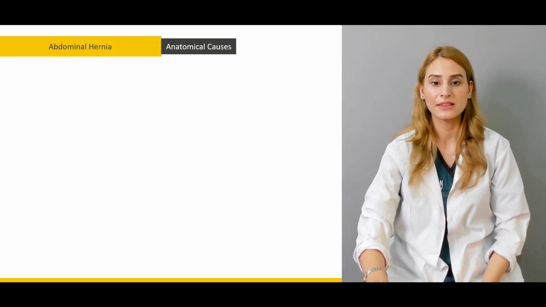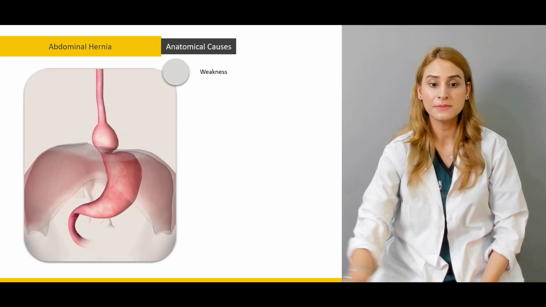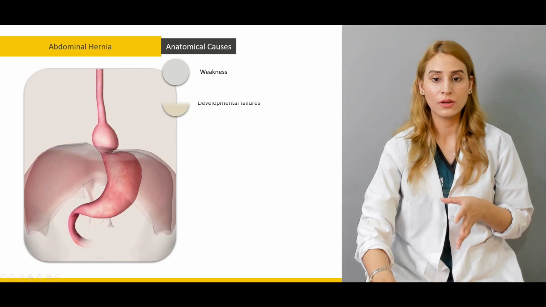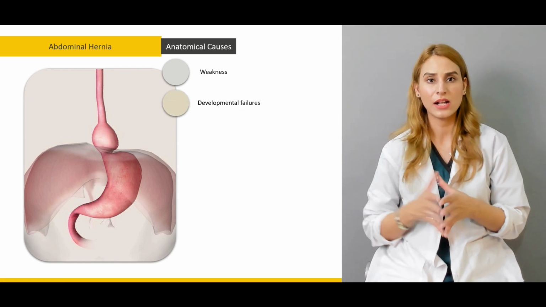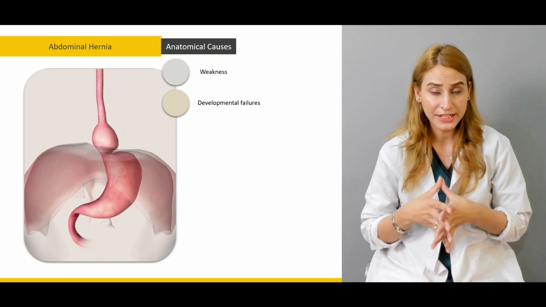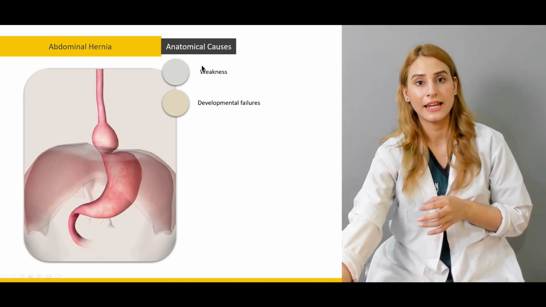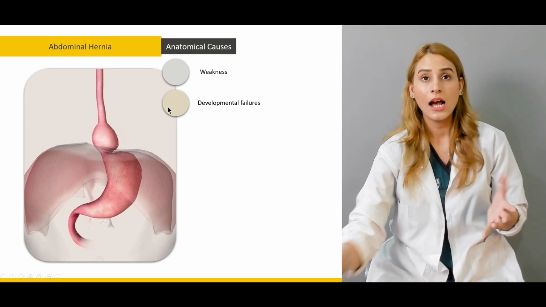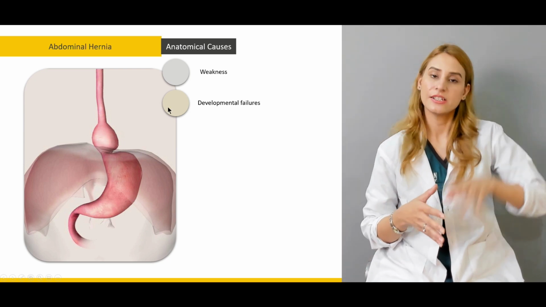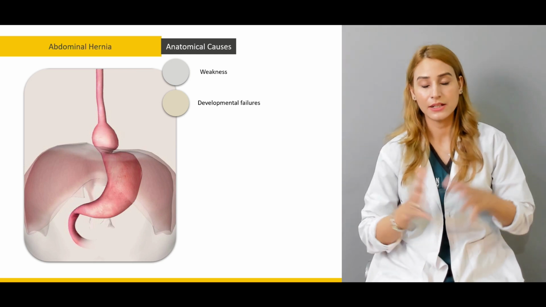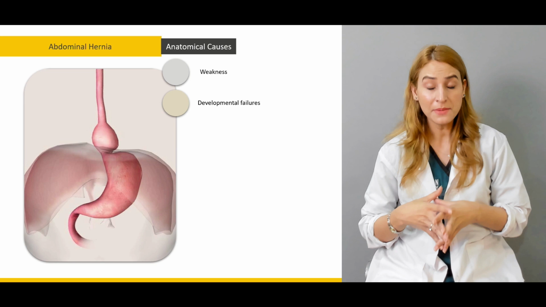We're going to talk about the anatomical causes as well. We'll talk about weakness and developmental failures. Sometimes there's a weakness in the abdominal wall. This weakness can be genetic, inherited, or acquired, right?